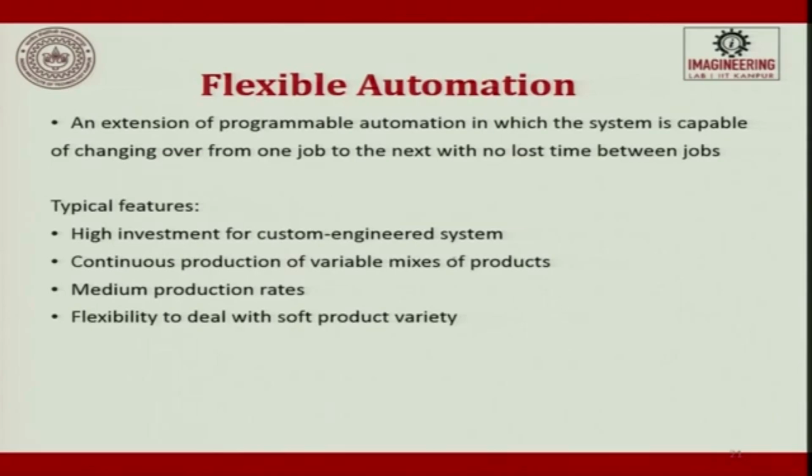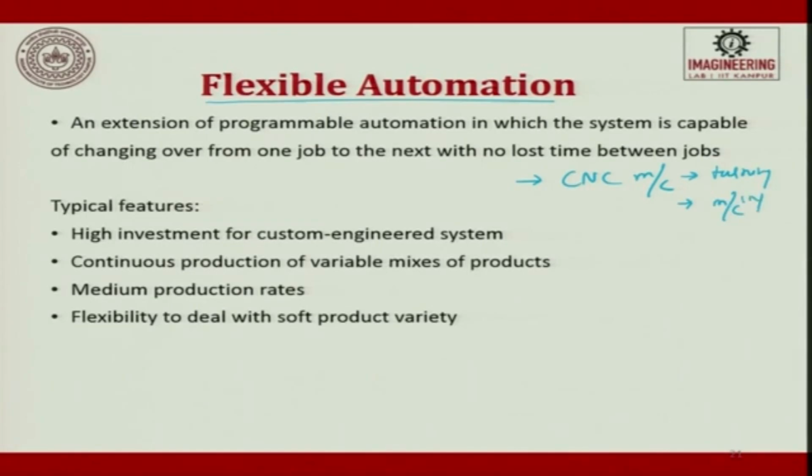The higher end is flexible automation. It is the extension of programmable automation in which the system is capable of changing over from one job to the next with no loss of time between jobs. For example, a CNC machine, such as a CNC turning center or a CNC machining center.